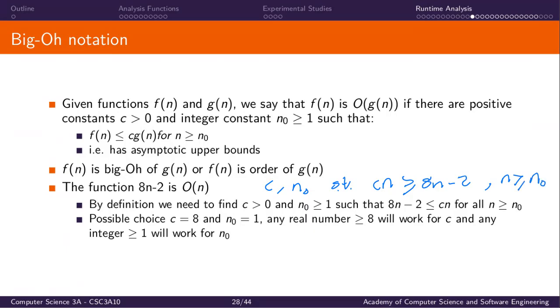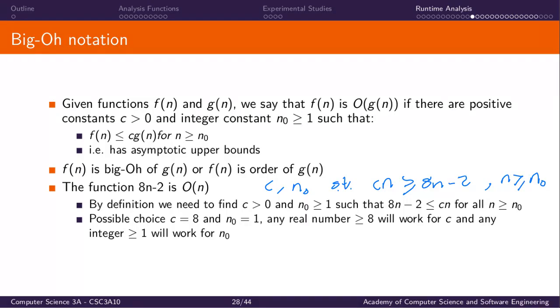So for us to be able to say that 8n minus 2 is big O n, we have to find some constant multiple c and some n0 such that 8n minus 2 is always less than c times n. We could solve for n, but a really easy way to do this is simply to take all our coefficients, add those up, and use that as our c.